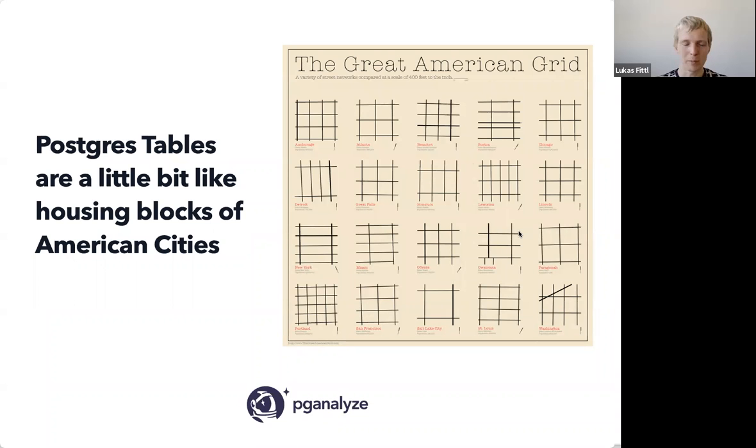So people move in, people move out, but the city streets keep staying in the same way. And you can think of Postgres tables in the same way, like rows come and go, but the tables are still there, right? And so a lot of what we'll talk about today, again, comes down to there is a file that stores your table, and that file has a certain size and has a certain structure, and that's really causing a lot of the Autovacuum situations.